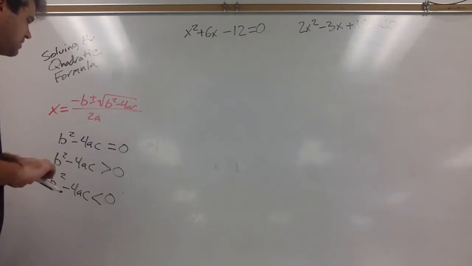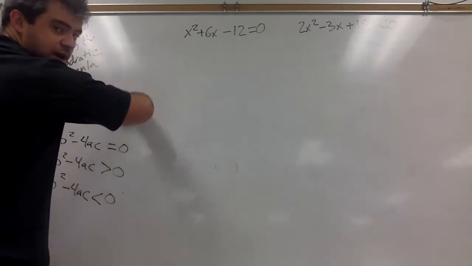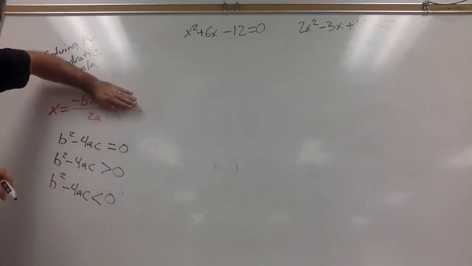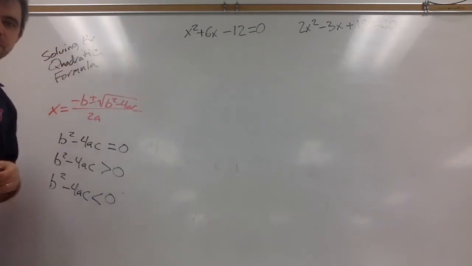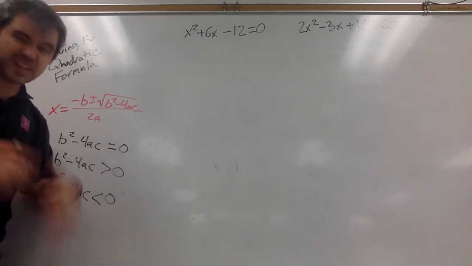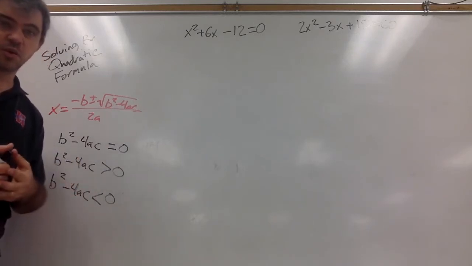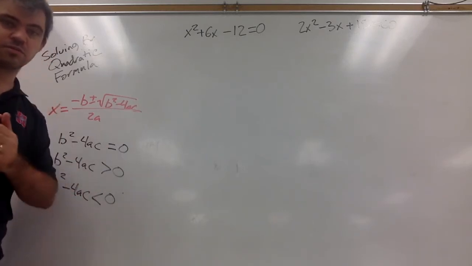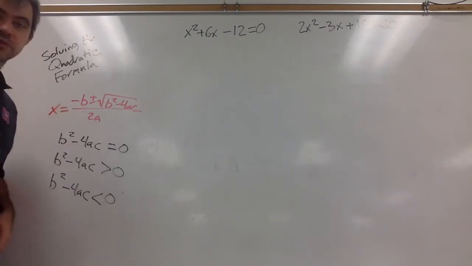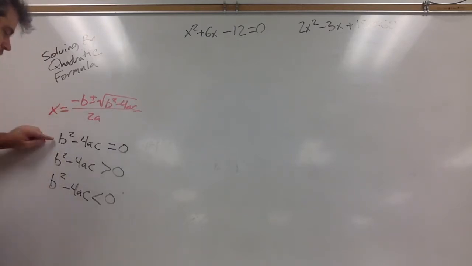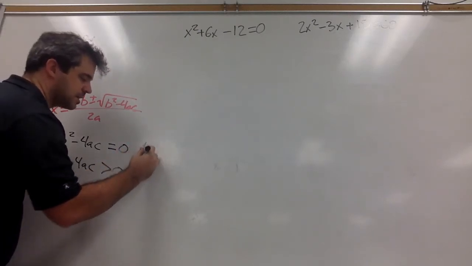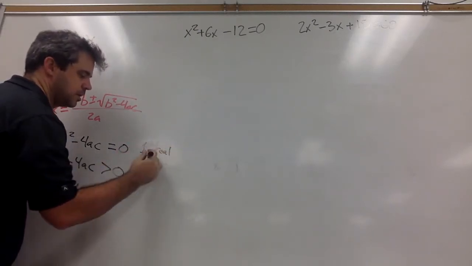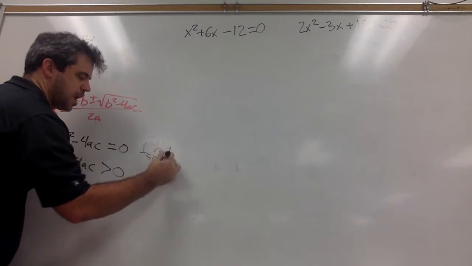Well, if the discriminant is 0, then we can basically cover all of this up right here. And all we're left with is negative b over 2a. So instead of getting 2 solutions, we're only going to get 1 solution. Okay, just negative b over 2a will be our solution. So if our discriminant is ever 0, then it's going to be 1 real solution.